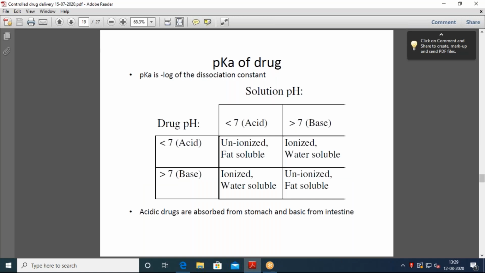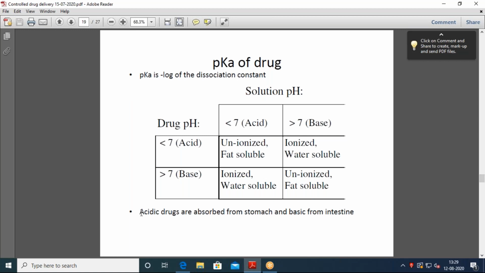Here is a pictorial representation of how acidic or basic drugs behave in solution. On the x-axis I put the solution pH, and on the y-axis the drug pH, showing where they may remain acidic, and this combination is all pointed out.